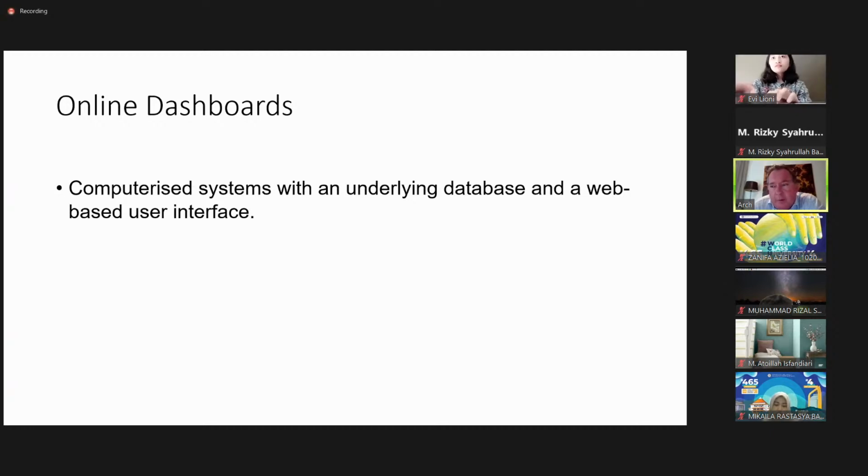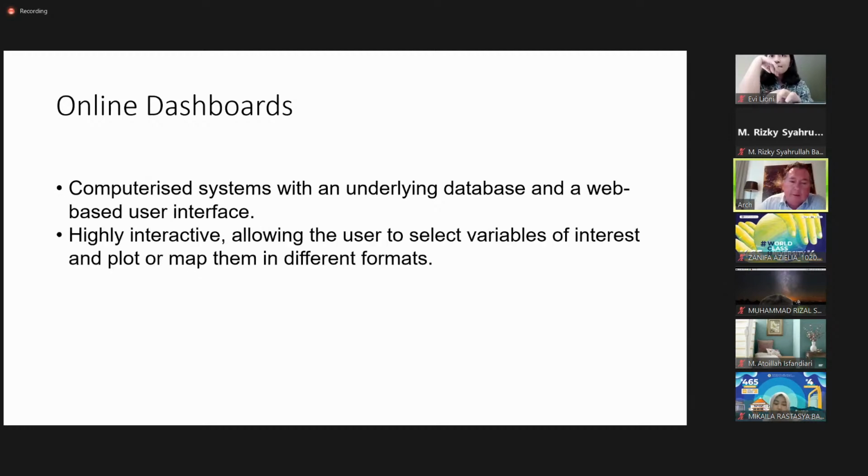Then that data is georeferenced. So in the case of the Johns Hopkins dashboard, it's georeferenced according to an area or a jurisdiction, and then that data is linked to a map using a geographical information system approach. Online dashboards are highly interactive.